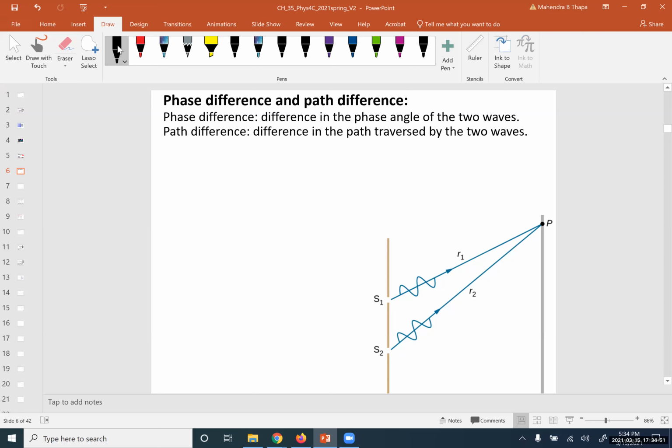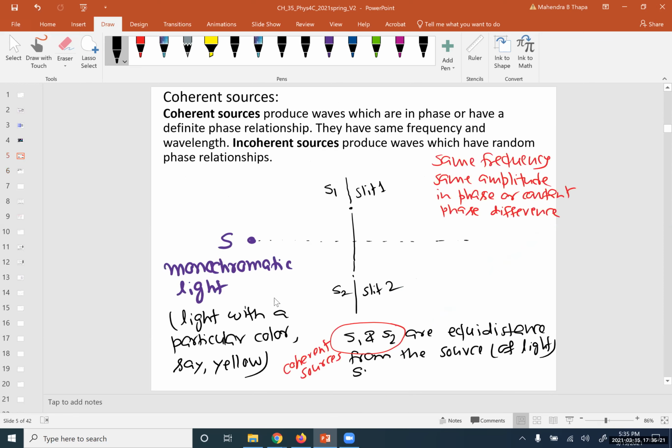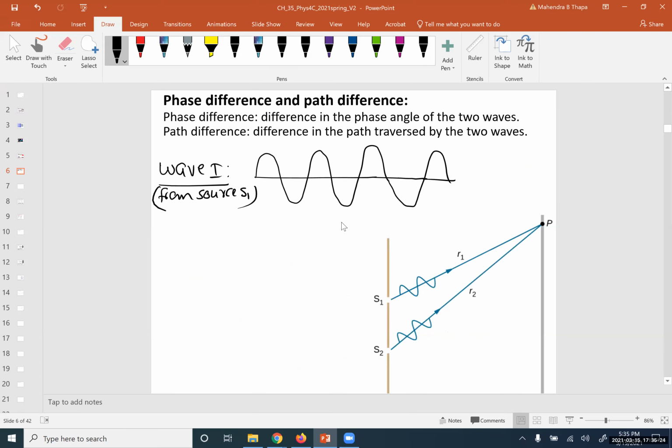Say I have the first wave, which starts like a trough and crest, from source S1, just like we talked about at that point.